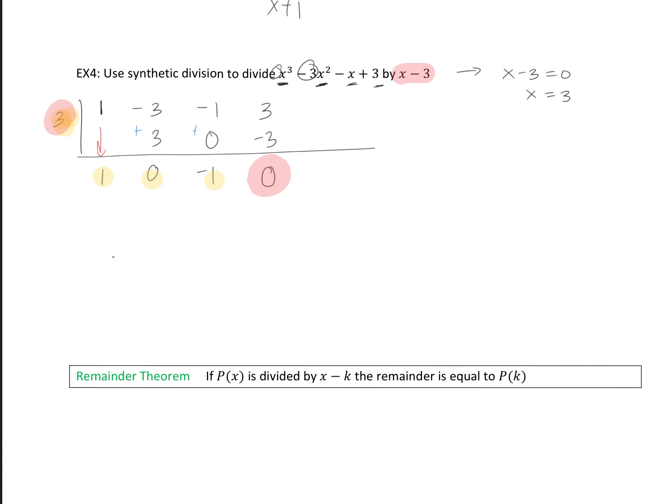So again, we'd say remainder is 0. So 3 is a 0 of the polynomial. Because when I put 3 into our polynomial, it'd make it equal to 0.